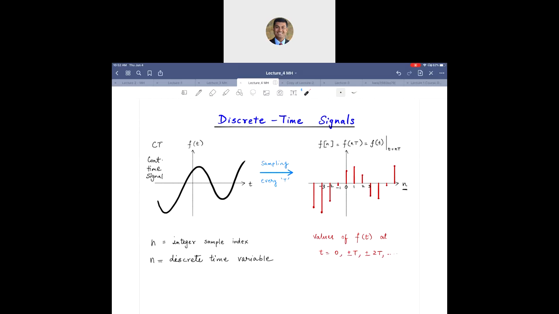Evaluate the continuous time signal at discrete integer multiples of the sampling time. In this case, the sampling time is T. So we are evaluating the function at 1T, 2T, 3T, and so on. Also f of 0, f of minus 1T, f of minus 2T, and so on. So the values of f of t at t equals 0, plus or minus 1T, plus or minus 2T, and so on. So that's how we are going to go from a continuous time signal to something that is discrete.